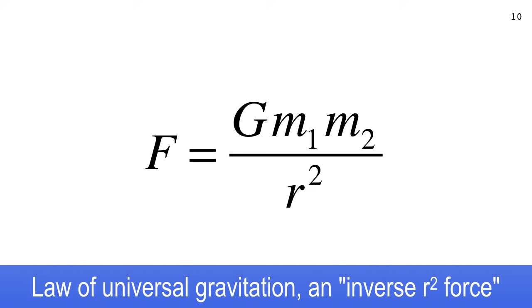The other inverse R squared force in nature is the electrical force, which we'll study this semester, in a few weeks. Because it's an inverse R squared force, mathematically using calculus, you could prove that the gravitational force has infinite range. In addition, since it's always attractive, it's never repulsive, the gravitational force can never be screened.